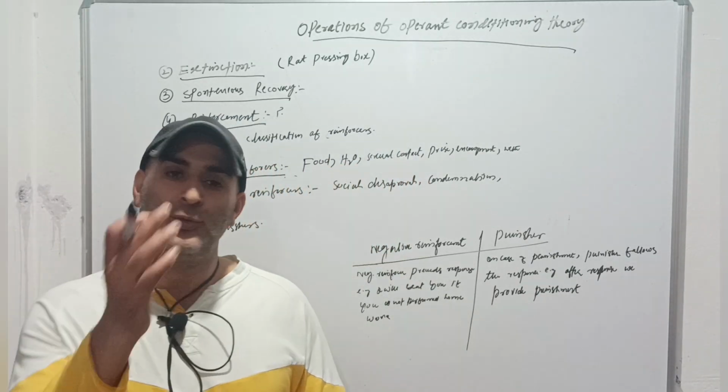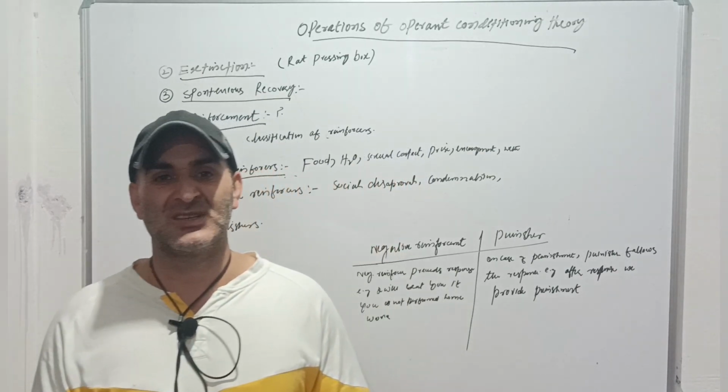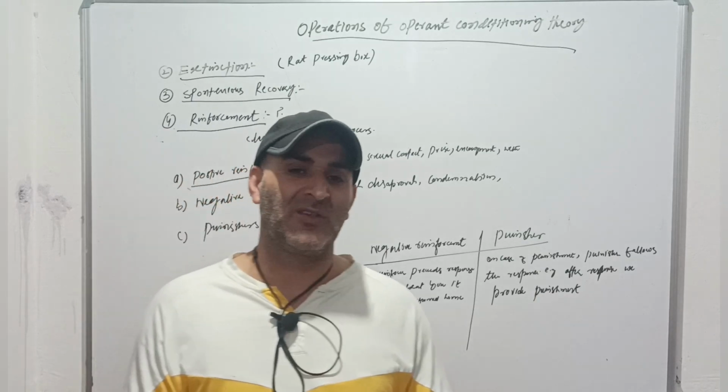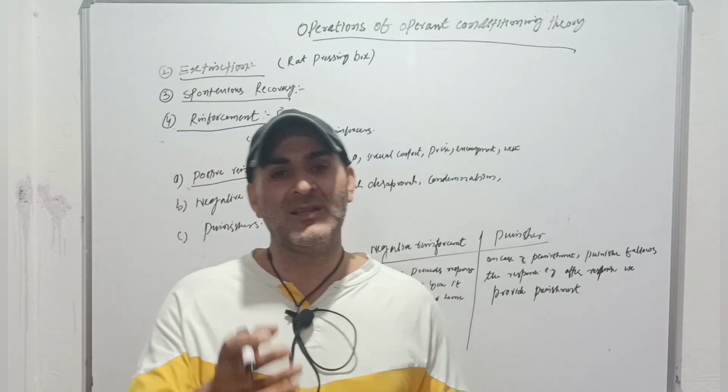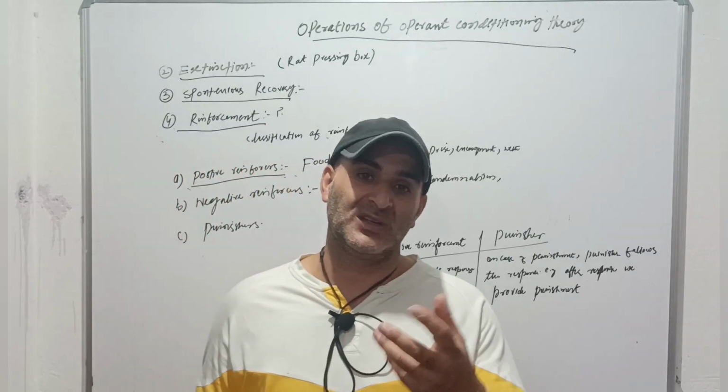For example, food is the positive reinforcer, water is the positive reinforcer, sexual contact is the positive reinforcer, medals, wealth, and other incentives are the positive reinforcers.